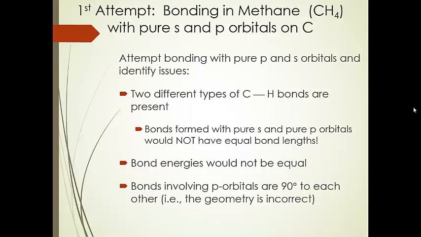Now, those would not be equal bond lengths, and those bond energies certainly would not be equal. Not to mention the fact that these p orbitals are 90 degrees to each other, so they're perpendicular to each other, and so when they bond hydrogen atoms, we would not have 109.5 degree bond angles. So in other words, the geometry would also be incorrect. So this clearly cannot be the way that it happens.